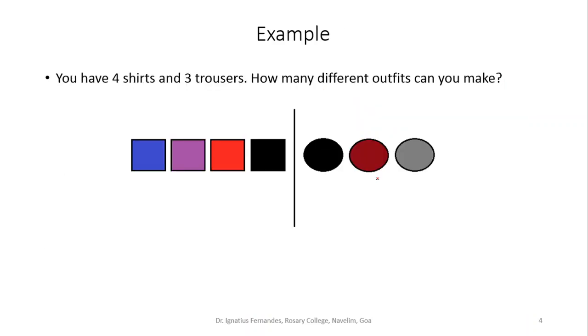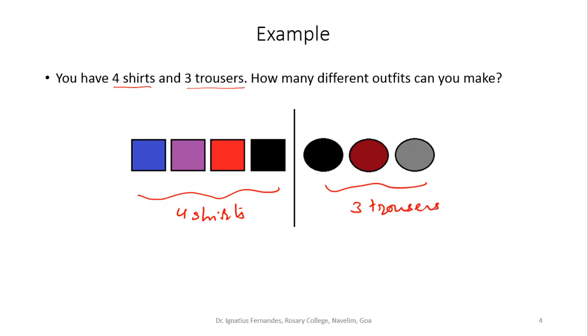Let's say, for example, suppose you have 4 shirts and 3 trousers. How many different outfits can you make? So I have 4 shirts here and I have 3 trousers. Now, how many different outfits can you make? Or basically how many combinations can I make?